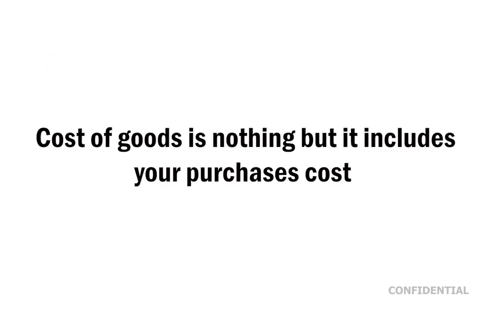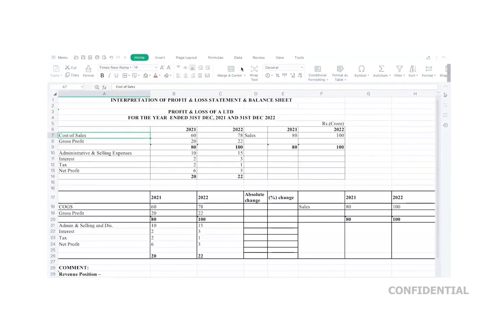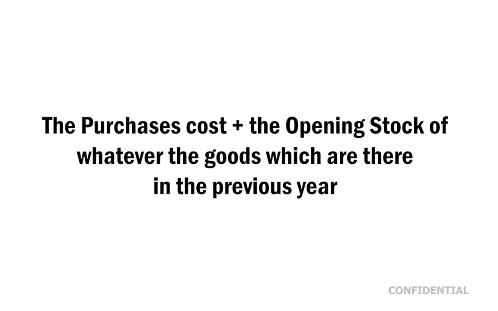Cost of goods sold includes your purchases cost. Whatever the company purchases to generate the revenue or the sales will be included in the cost of sales: the purchases cost plus the opening stock, the goods which were there in the previous year.